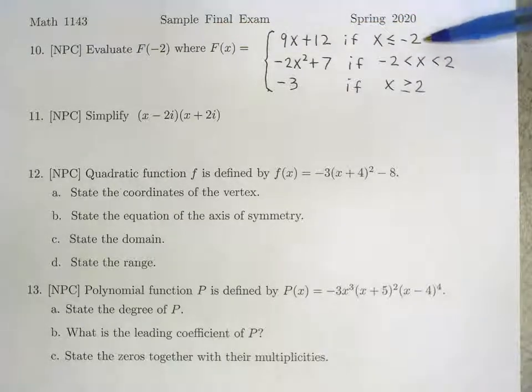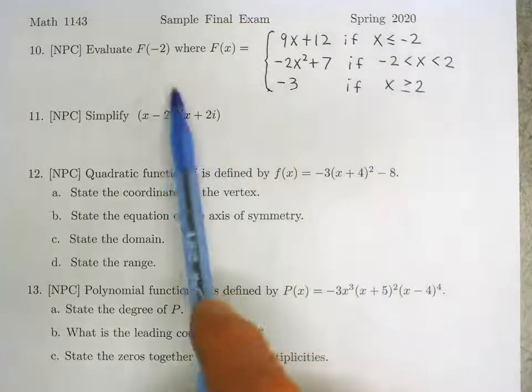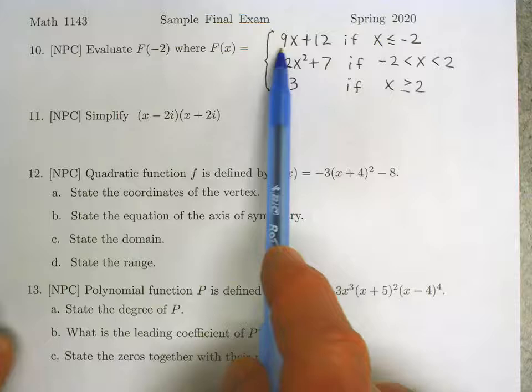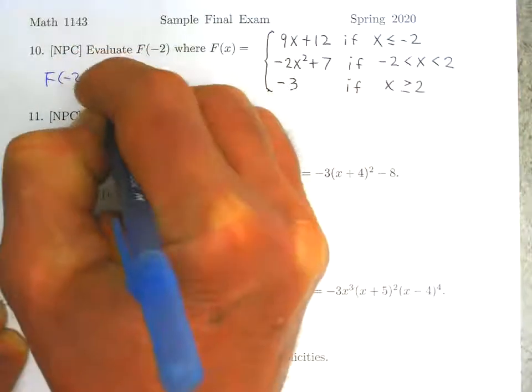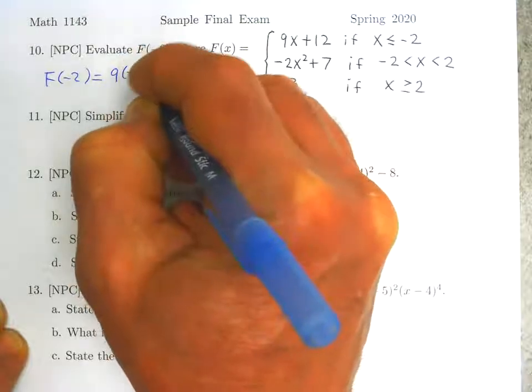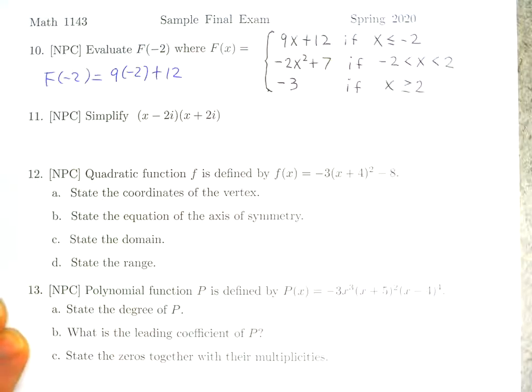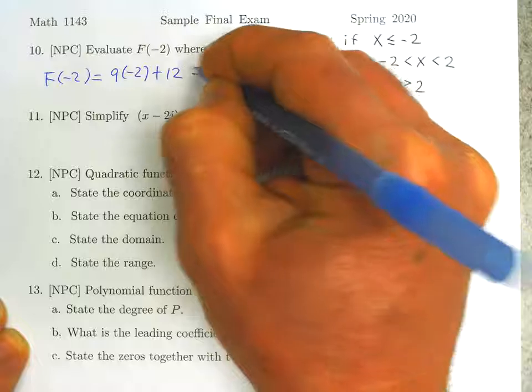So at the very top, the domain values for the top piece are x less than or equal to negative 2. So that means to evaluate f of negative 2, we're going to use the top piece. So f of negative 2 is 9 times negative 2 plus 12, or negative 18 plus 12, which is negative 6.